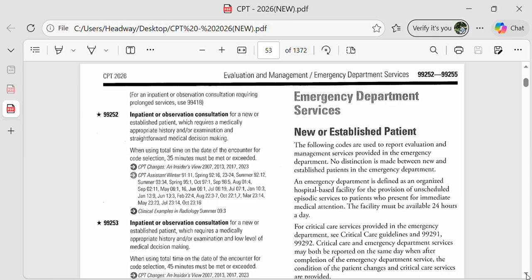Then only if the condition is serious, they are admitted to critical care or inpatient. Still, however much procedure was done by the emergency department, that much of procedure only we will code. Am I correct? Yes, that much of procedure only we will code.